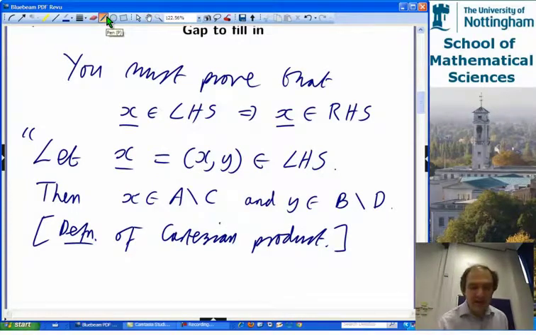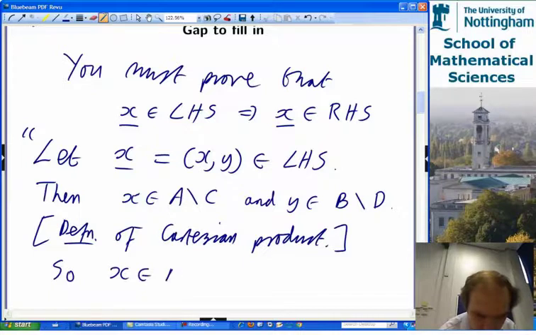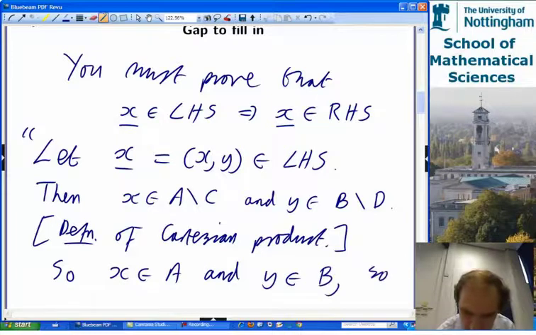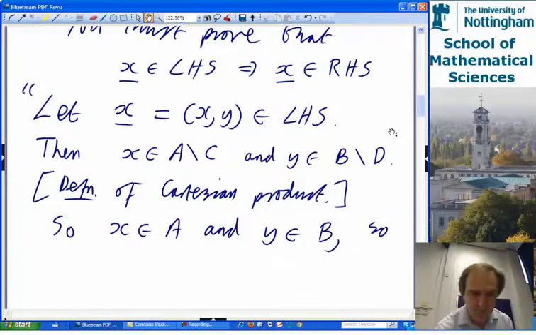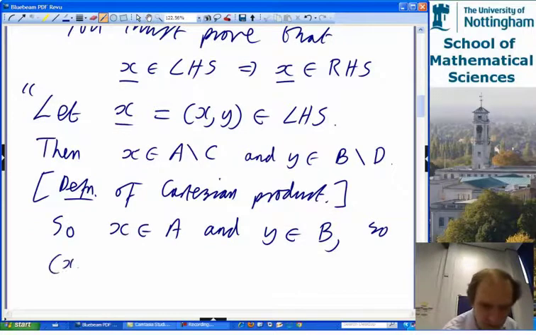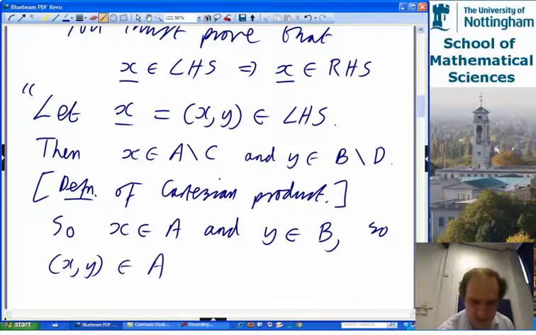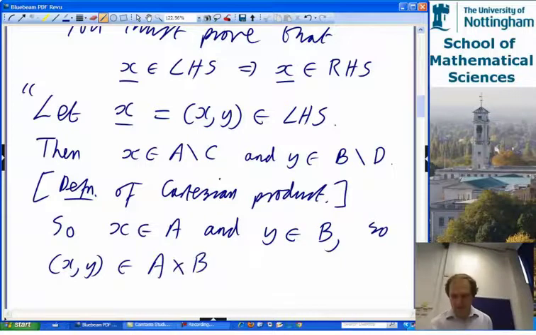Now, if x is in A take away C, then certainly x is in A, and y is certainly in B. So you are at least in A cross B. That's the first one you want. We want to show it's in A cross B, take away C cross D, so we just have to show that we're not in C cross D.